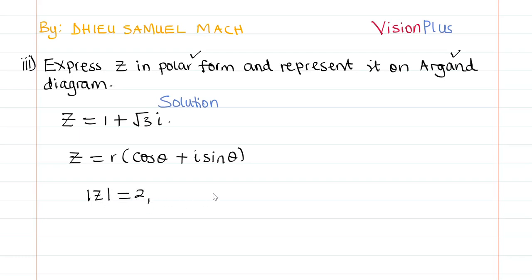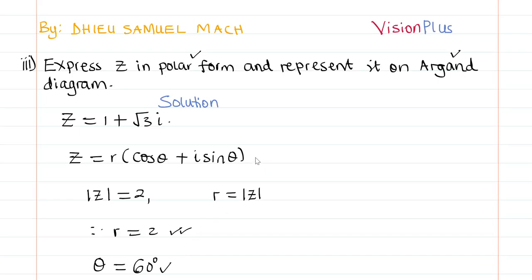And in this case, our r is the same as the magnitude of the complex number. Therefore, our r is also 2, because r is the modulus or the length of the complex number. In Roman 2, we got our theta as 60 degrees. So we shall use the same theta here as 60 degrees.